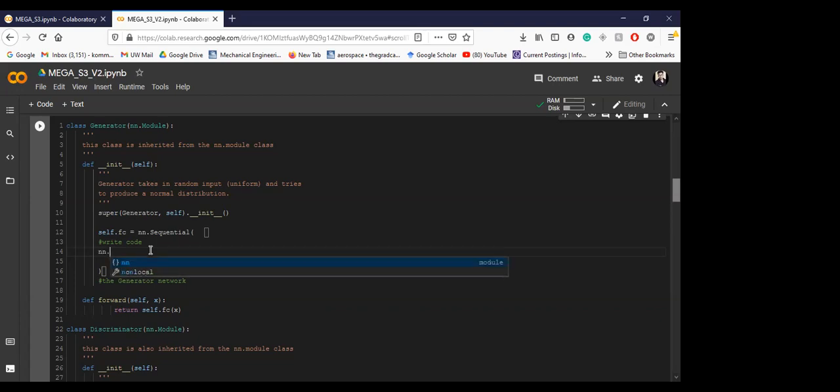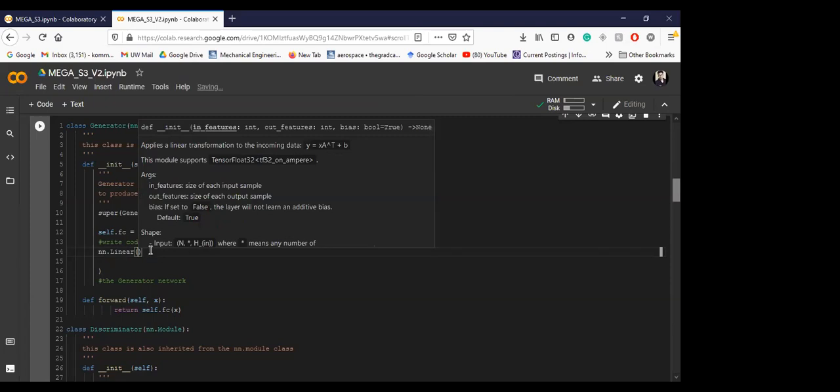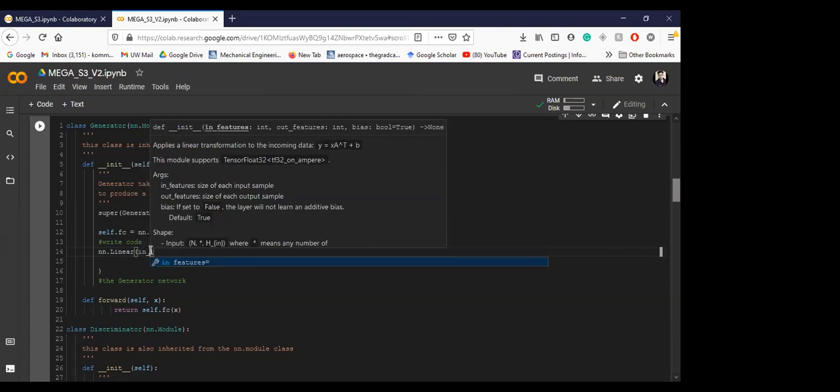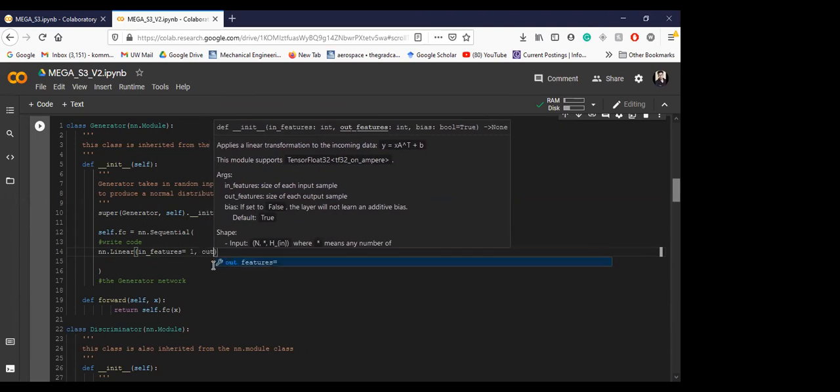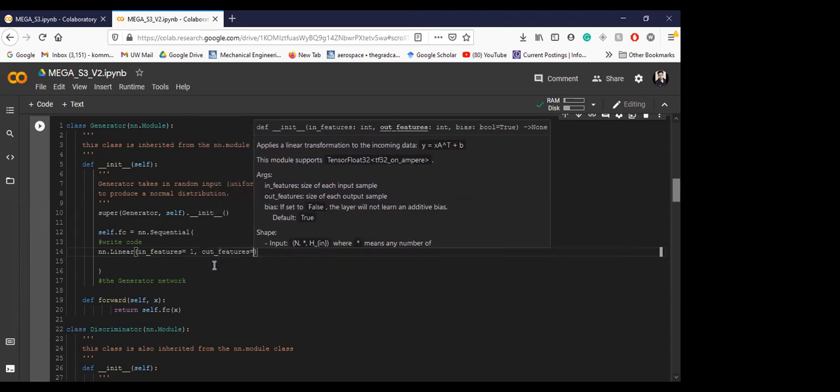So let's just begin with a linear layer, and then in features is basically the input to the generator, and we know that we are working with one-dimensional data. So the in features would be 1, and for out features, we have more flexibility since we could have a hidden layer.